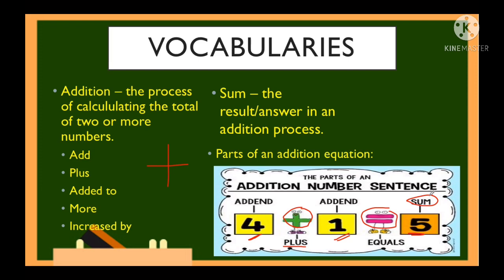So these are our vocabularies for today, and we will use those terms in the discussion. So you need to remember the meaning of those: addition, sum, add, plus, added to, more, increased by, addend, plus, equals, and then sum again. Ready? Okay, let's start.